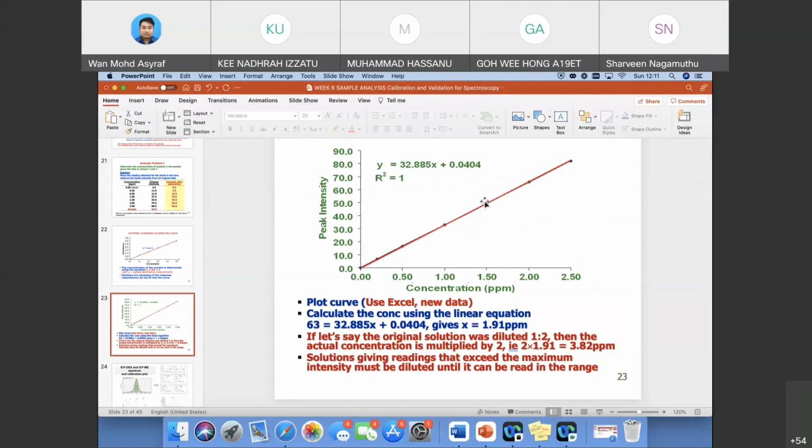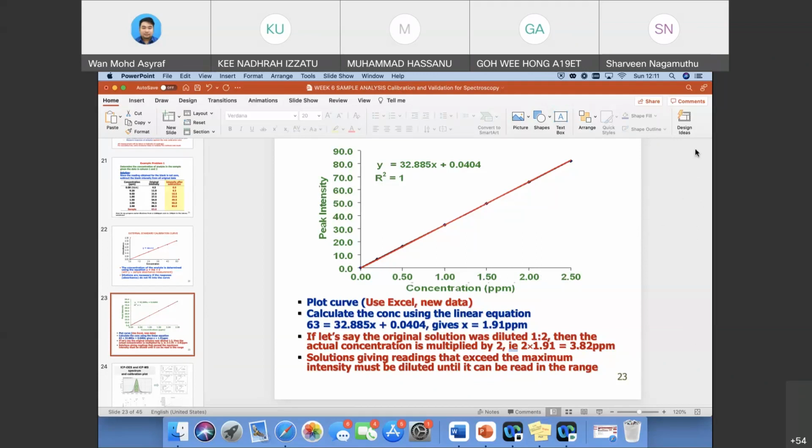So when you analyze your sample and it gives a value out of the linear range, out of the range that you have done before, because your range is until 82 je, tapi the unknown sample gives a response at 150, it means that you cannot use this calibration curve, because it is plotted until 82 only, which is until 2.5 ppm.